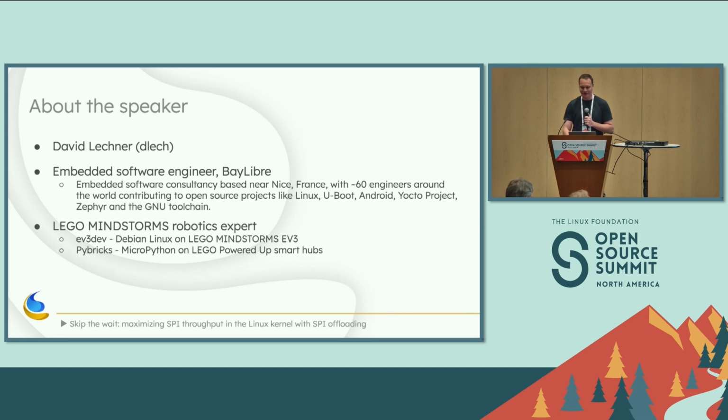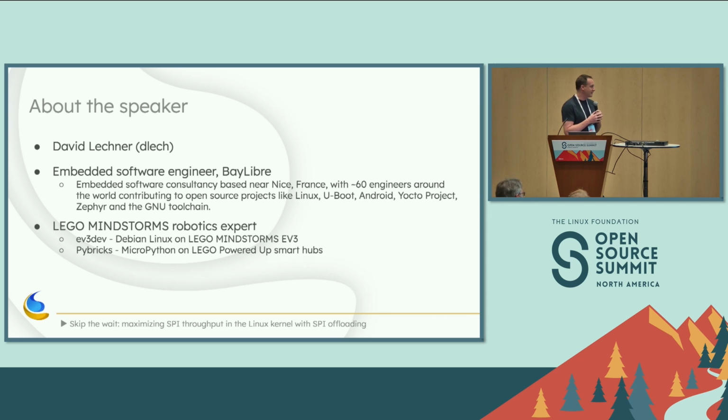That's pretty cool. And fun fact, I didn't actually start out as a professional Linux hacker. I started out as a hobbyist playing with Lego Mindstorms robots. So a project I started about 12 years ago now was EV3 Dev, which ported Debian to the Lego Mindstorms EV3, which is a programmable brick that was the Lego's third generation robotics platform.